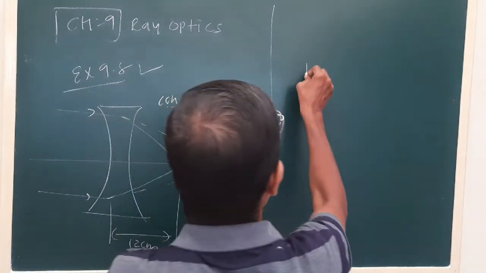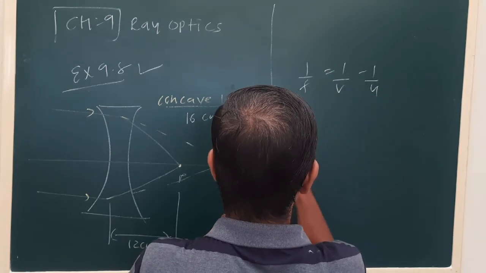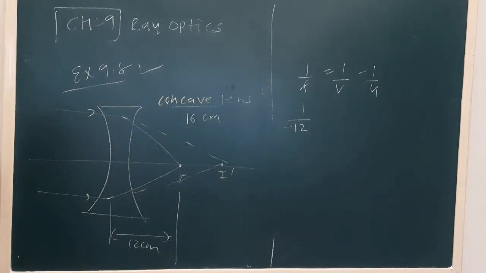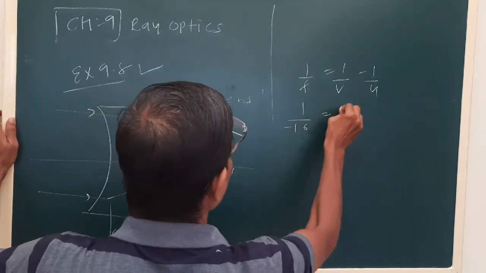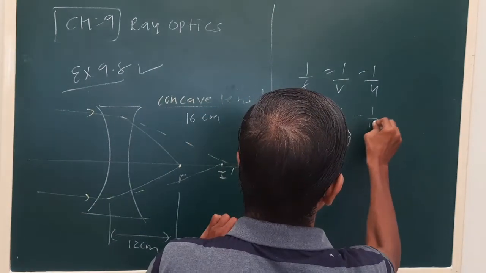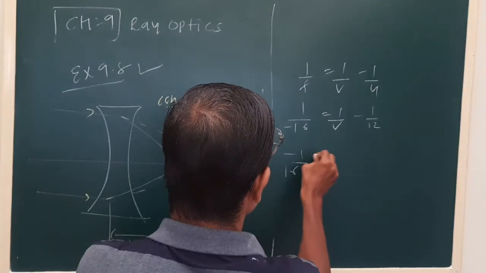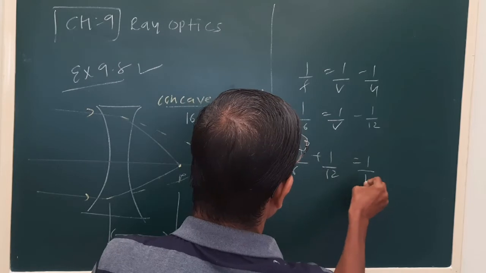Now here 1 by f is 1 by v minus 1 by u. See here, focal length is minus 16. Now u is 12. So minus 1 upon 16 plus 1 by 12 is 1 upon v.